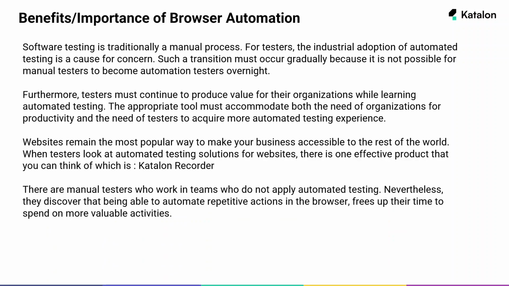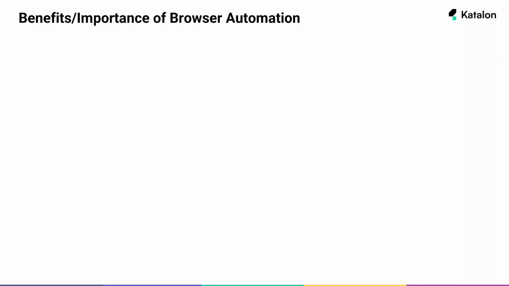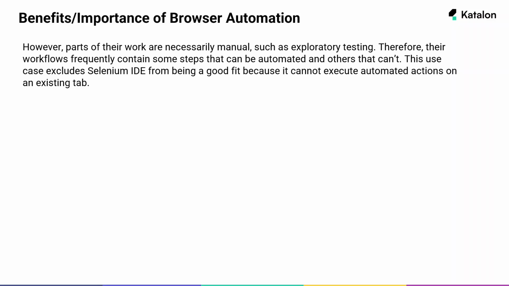There are manual testers who work in teams who do not apply automated testing. Nevertheless, they discover that being able to automate repetitive actions in the browser frees up their time to spend on more valuable activities. However, parts of their work are necessarily manual, such as exploratory testing.